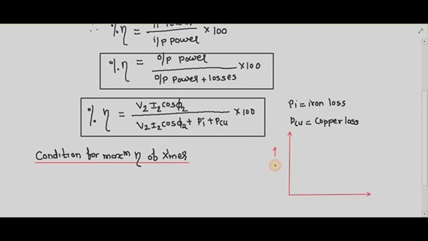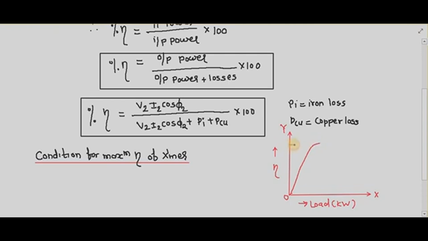On this side is the efficiency, and on this side is the load in kilowatts. On no load my efficiency will be 0, because the load is 0, so the output power is 0. But as the load is connected and I increase it, my efficiency will rise until it reaches its maximum efficiency.